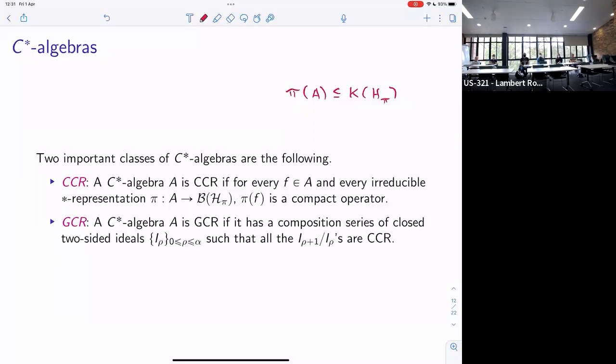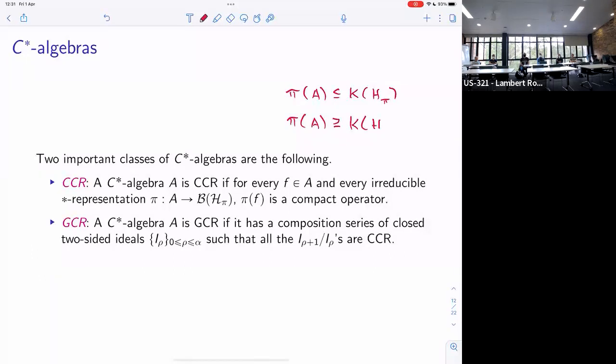But it's the case for GCR C-star algebras that under every irreducible star representation, the image contains the compact operators on that Hilbert space. So CCR C-star algebras are those that act by compact operators, and GCR ones are ones whose action contains the compact operators.